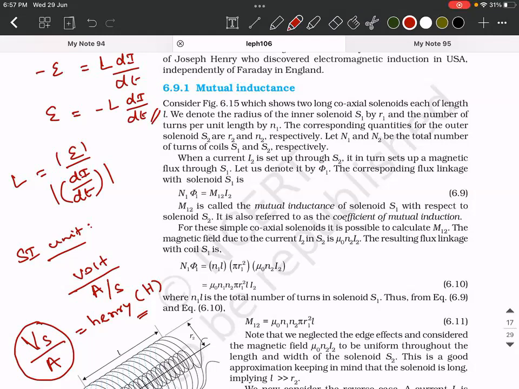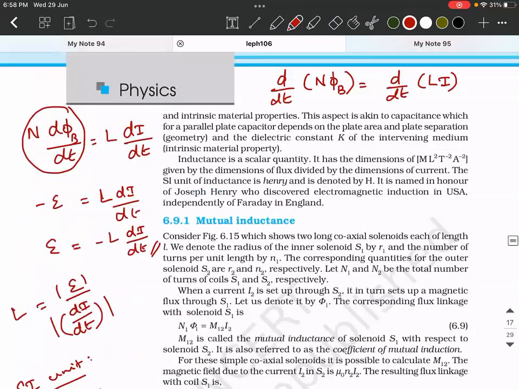So most inductors are not designed in Henry, they are designed in millihenry. That is why most questions related to inductance are in millihenry, and questions on capacitance are mostly in microfarad. Millifarad is practically not possible to handle because the unit is that big. So am I clear to this point?